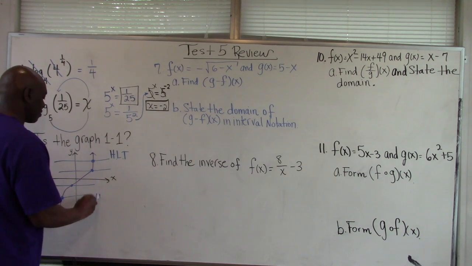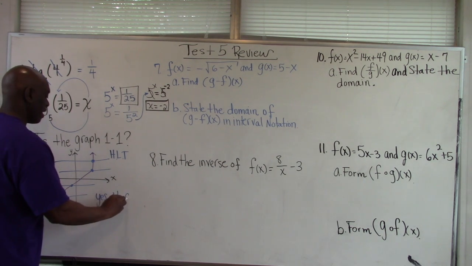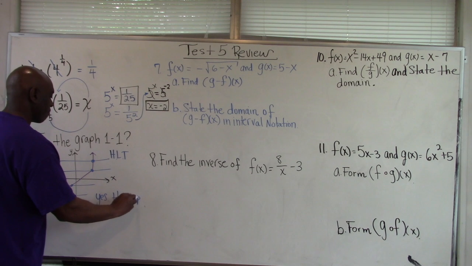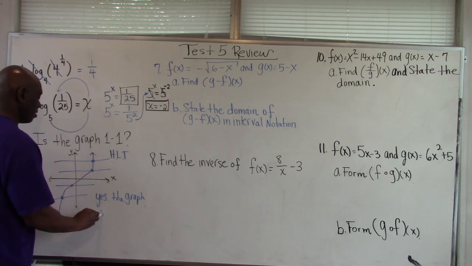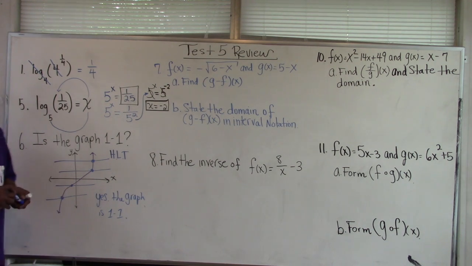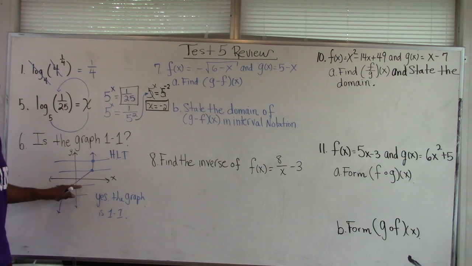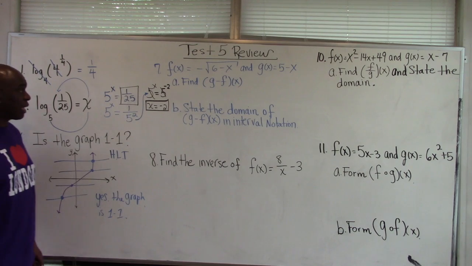So this is yes, yes. The graph is 1 to 1. Because for every one horizontal line, there's only one point of intersection for each horizontal line. They're not more than one. Okay, so it is 1 to 1, absolutely.